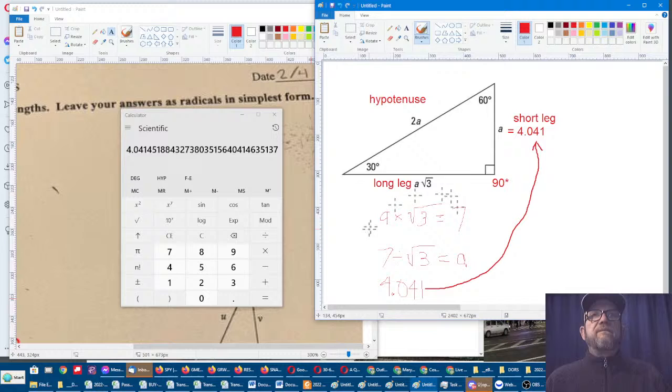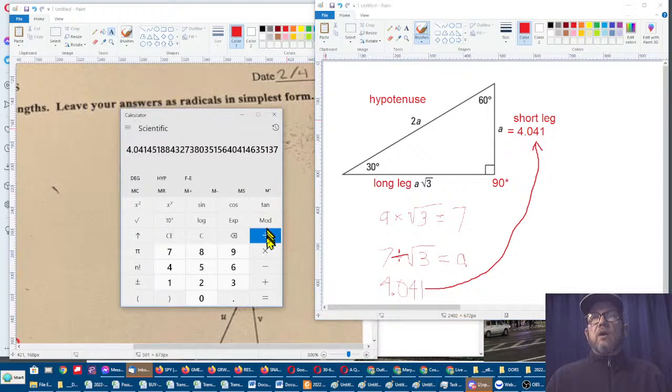So we just rewrite the formula by dividing. Then to find the hypotenuse, you multiply by 2, because it's 2 times the short leg.